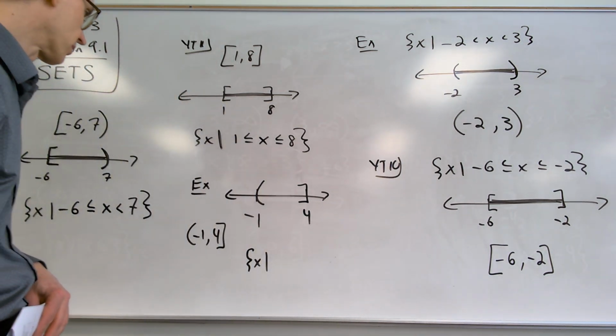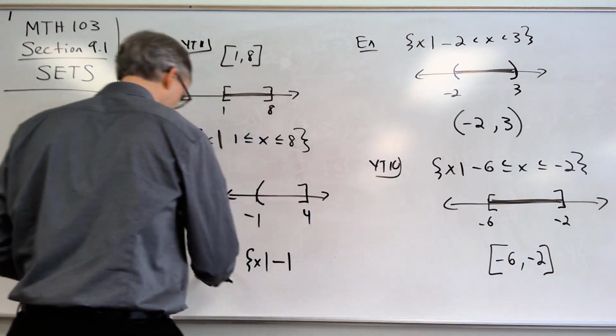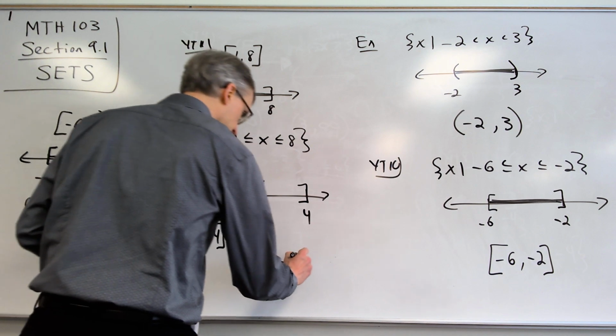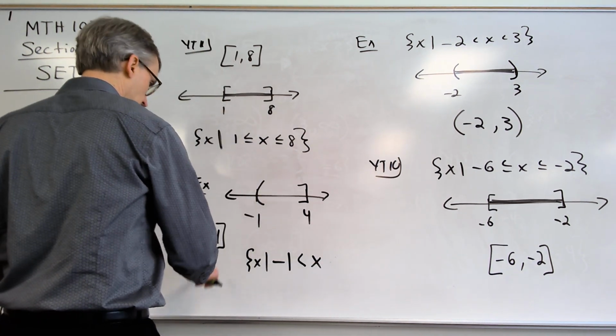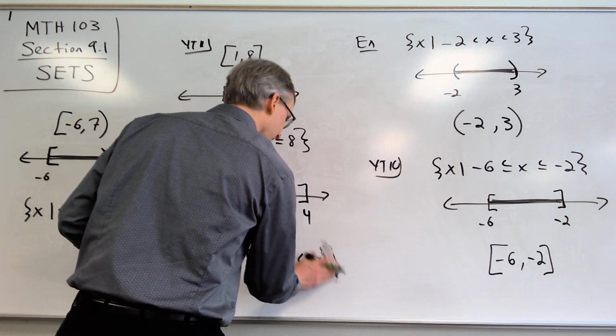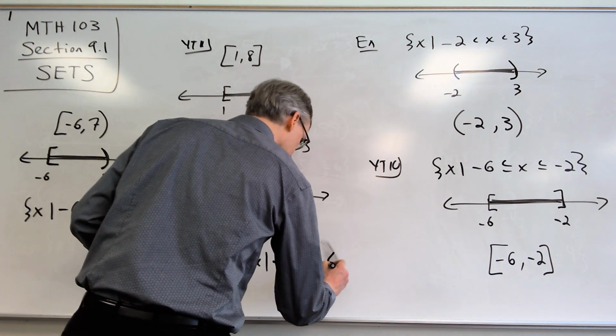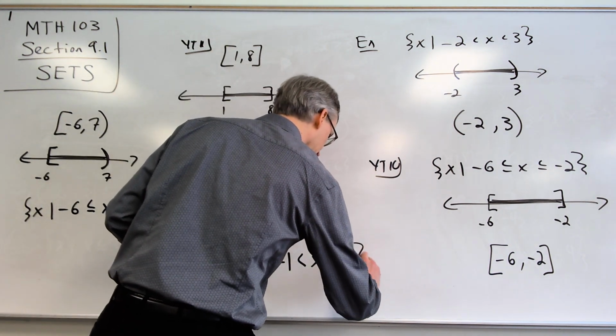All right, now we'll do set builder. So we're going to have a compound inequality with -1 on the left. And then parenthesis means strictly less than x, less than or equal to. All right, bracket means less than or equal to, and then a 4 on the end.